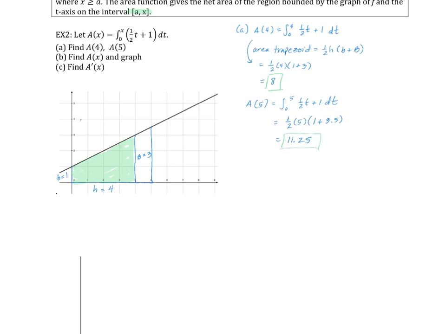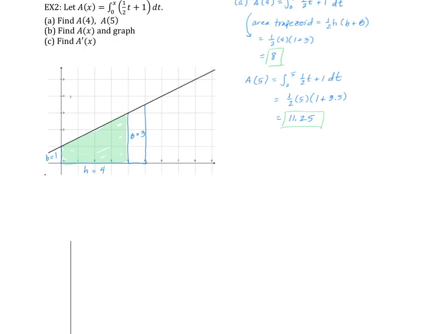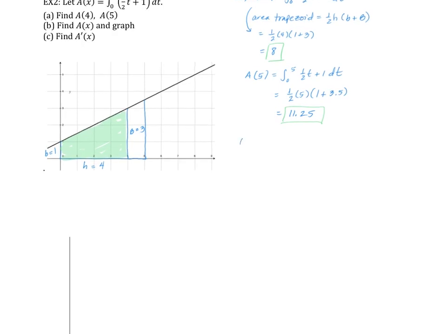Okay, let's look at part B. Part B says to find A of x and graph. Well, I know what A of x is. It's that integral. However, let's just look at some random x value here. For any x value, this area function is simply going to be the area of a trapezoid, right?